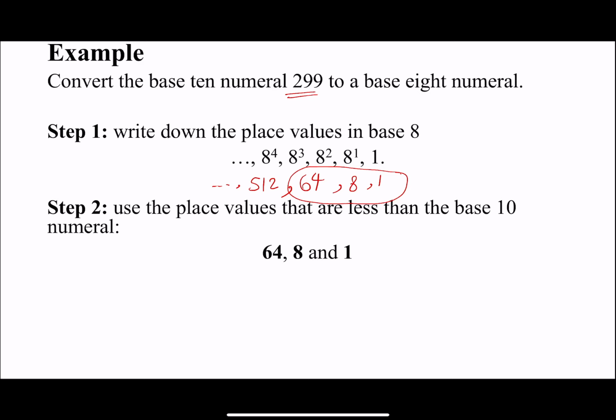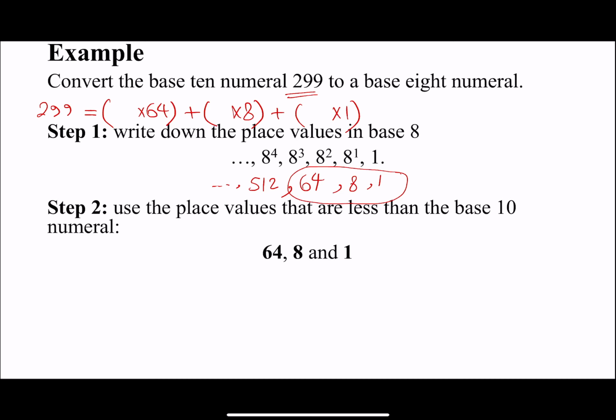So I have to see how many groups of 64, how many groups of 8, and how many groups of 1 build up 299. Well, I use my calculator. 64, I multiply that by 5, so it's 320, which is bigger than 299.